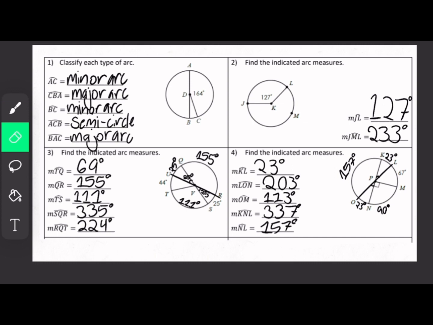Find the indicated arc measures. This is going to be a semicircle, so 180 minus... Oh, wait, I didn't find that first. Apologies. So, this is a 90-degree angle, and since it's also a central angle, that is going to be 90 degrees. 90 plus 67 is 157, so that's NL.